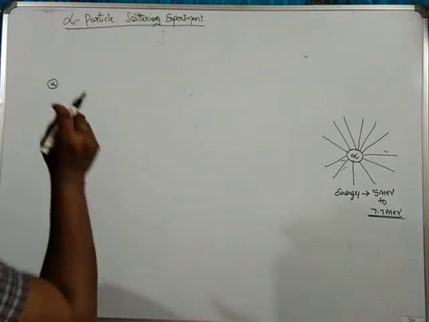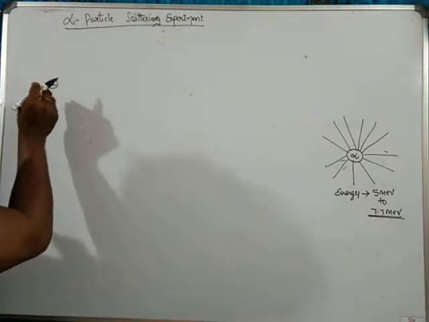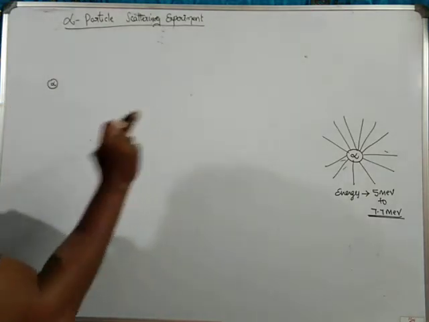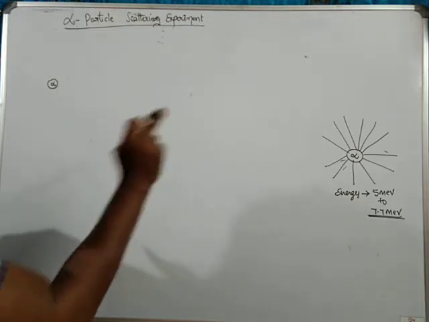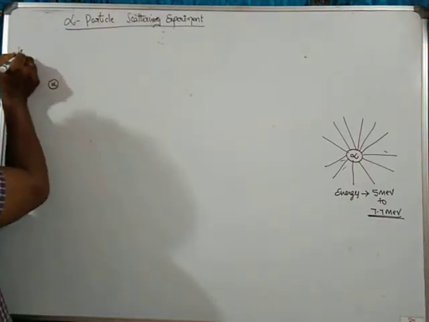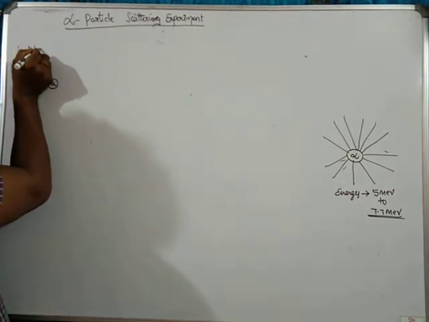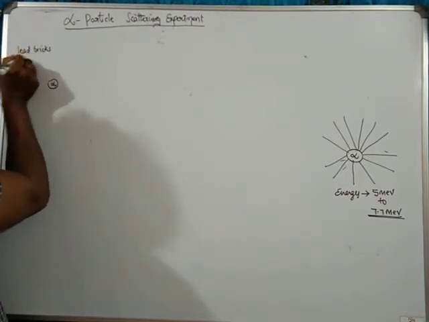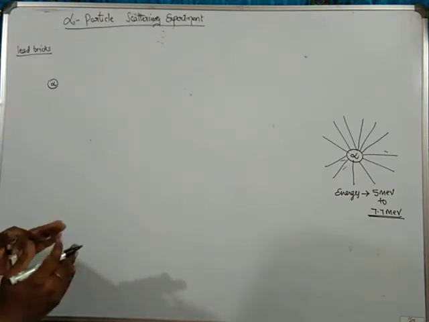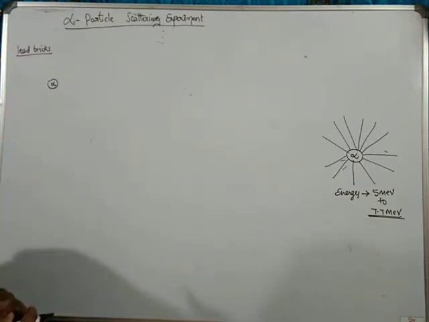Whatever energy we release from the alpha particle, we have to collimate, we have to make it a straight line, a single beam. For that we are using lead bricks. Lead bricks are used to stop the radiated energy.